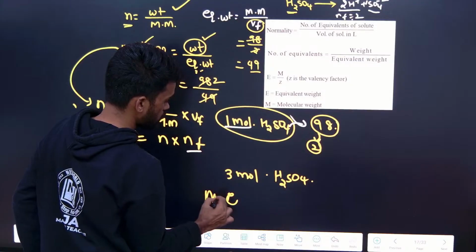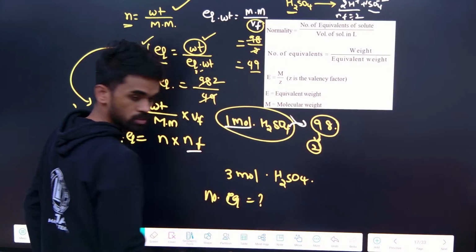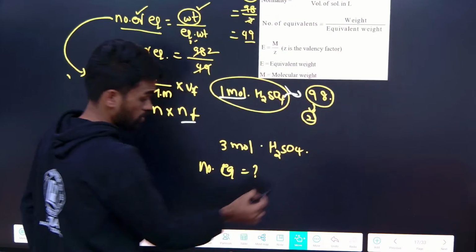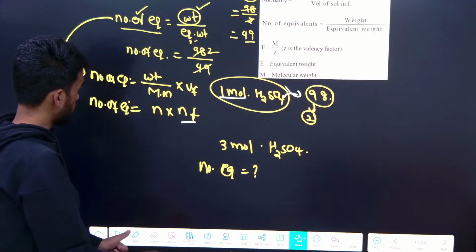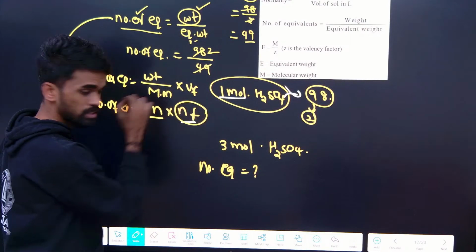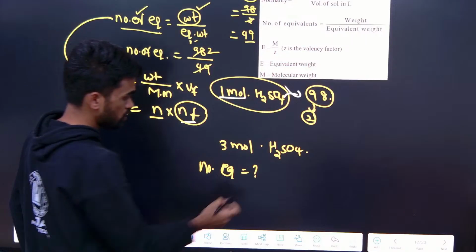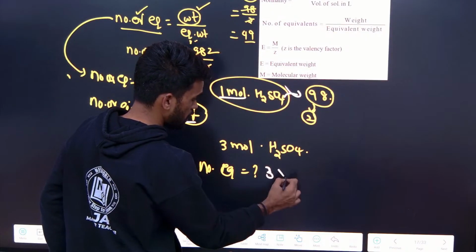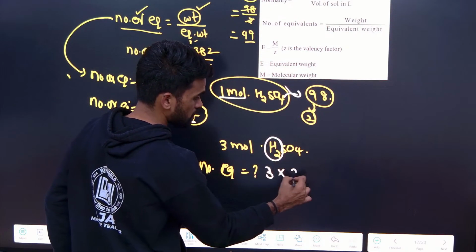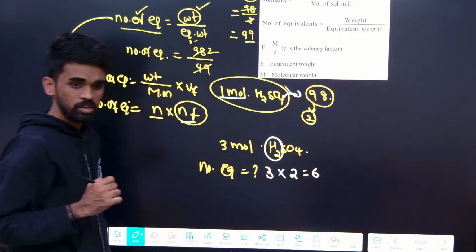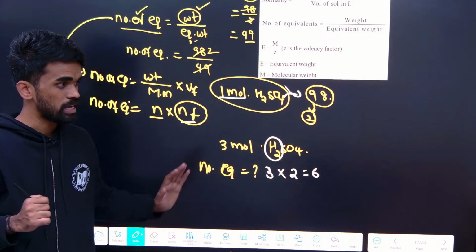Number of equivalents. Why do you take 98? See, number of moles multiplied with the N factor. Number of moles is 3, into sulfuric acid N factor 2. So this will be the equivalents of sulfuric acid you have here.